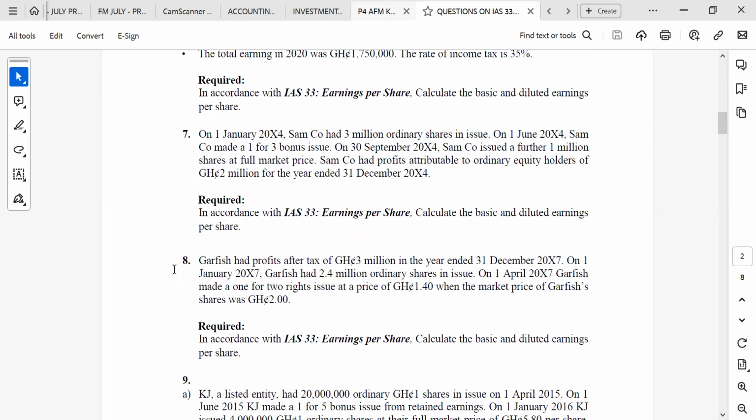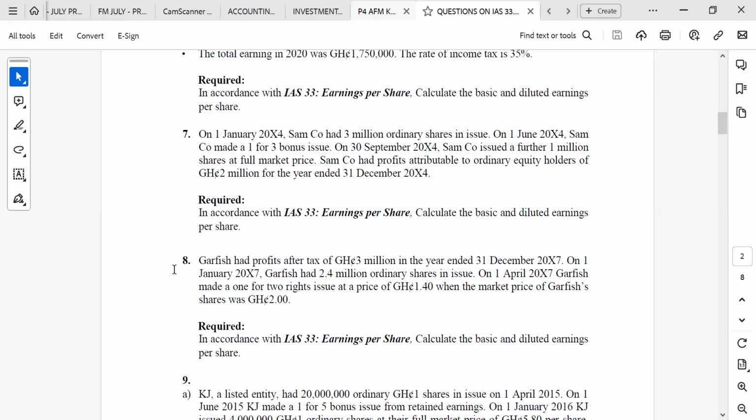Okay, let's look at question number 8. Question 8. Garfish had profits after tax of 3 million in the year ended 31 December 20x7. On 1 January 20x7, Garfish had 2.4 million ordinary shares in issue.